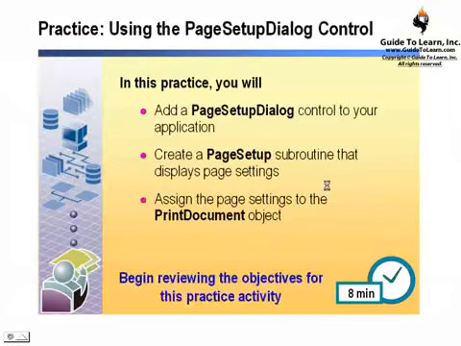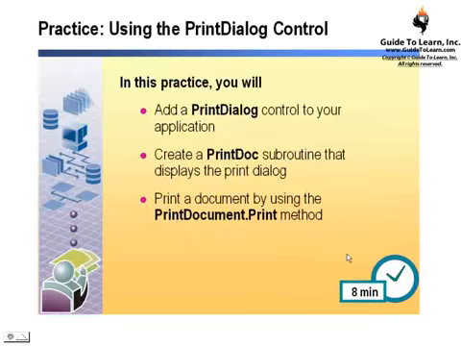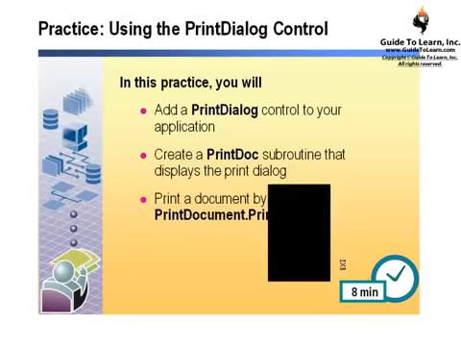And finally, the print dialog. After you're done with the page setting, after you found out about your printer itself and set your document, now it's time to print. So the print dialog specifies the printer related settings, like specifying the printer and print job properties, as well as the collate settings and range. Again, this is another code example, and I'll give you some time to do those practices.